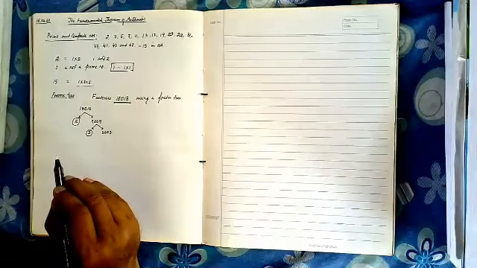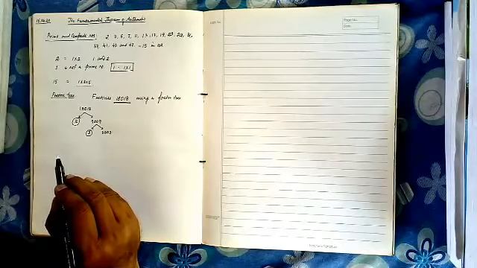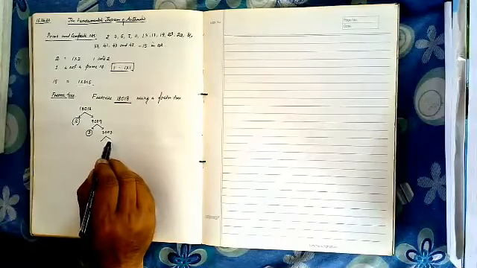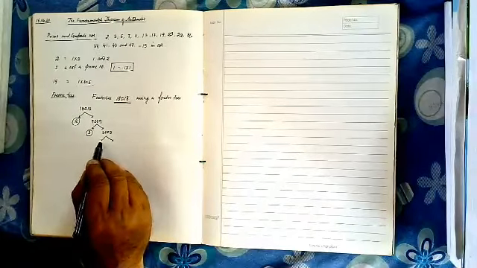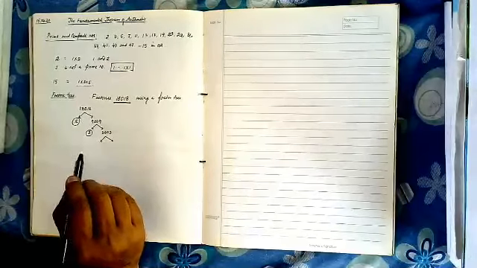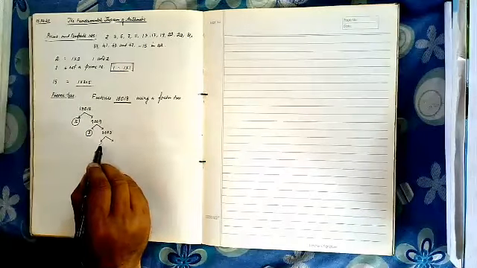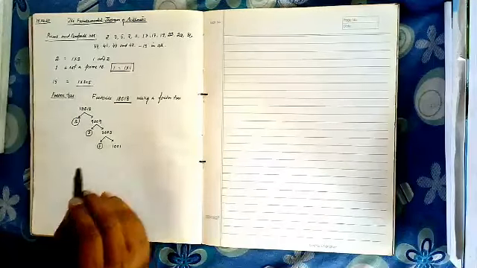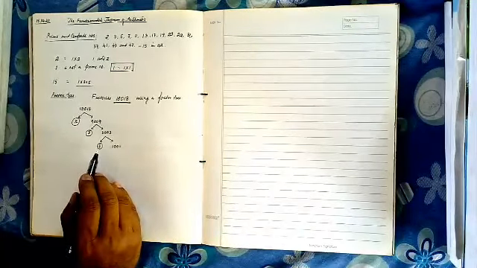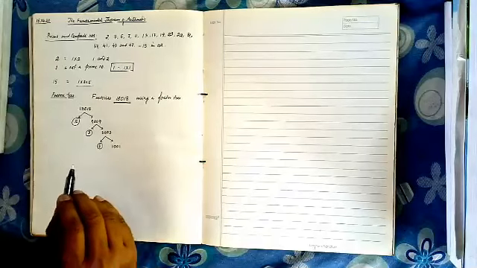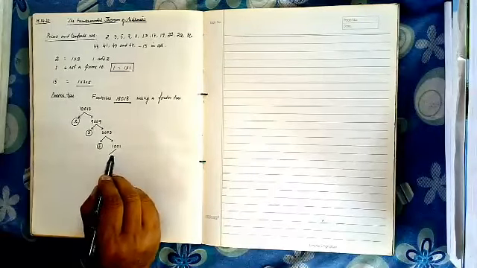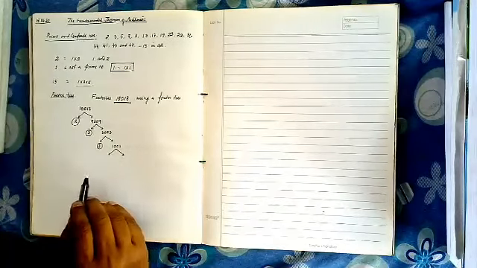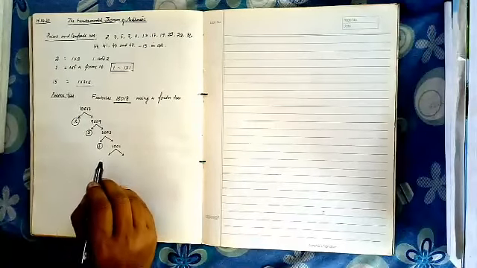3 is prime. Again, for the number 3003, we can write 3 into 1001, where 3 is prime. Now for 1001, we can write the number as the product of two numbers, which are called the factors of the number.